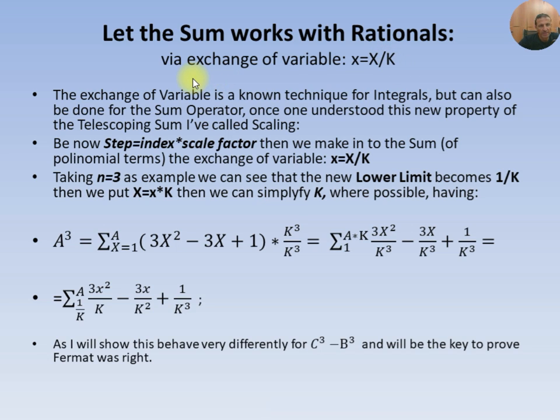And in this way we can use not an index, but what I call a step, equal to the index divided by a scale factor we can choose when we make this change of variable, putting lowercase x equal to uppercase X over k.